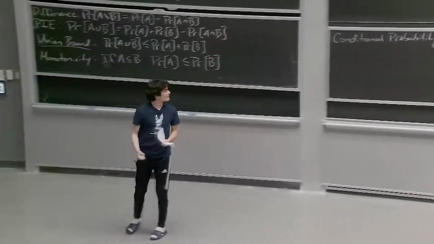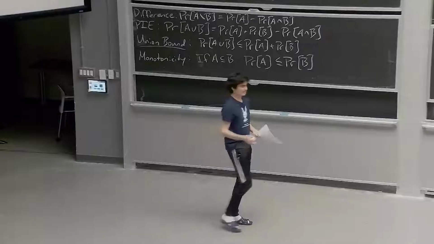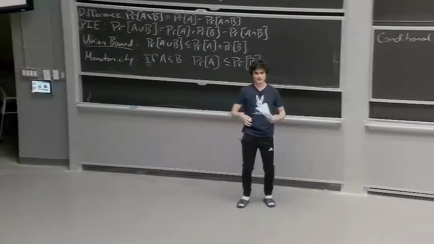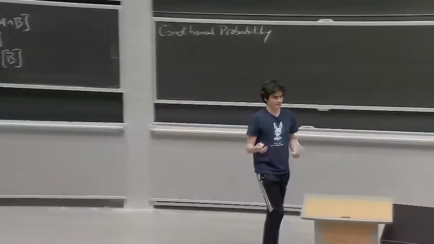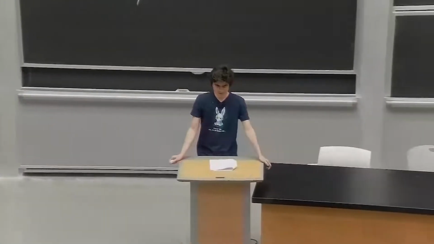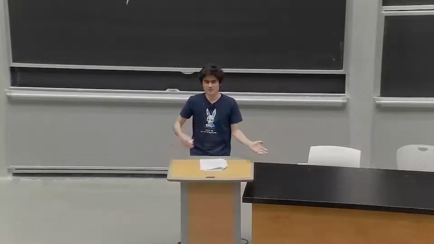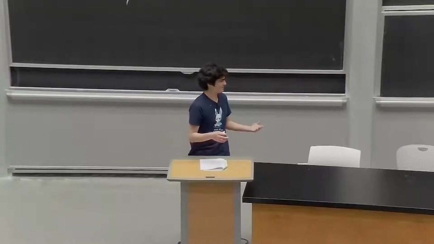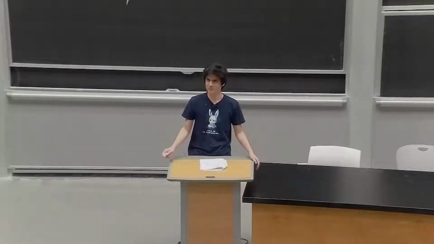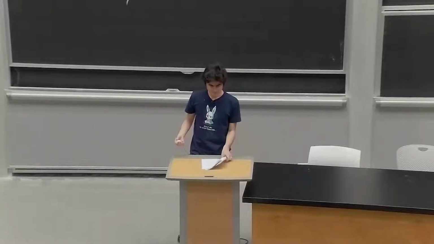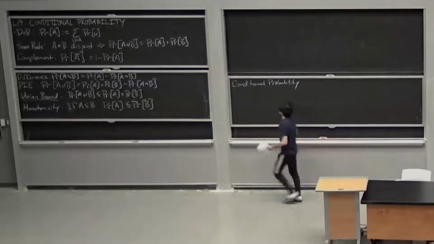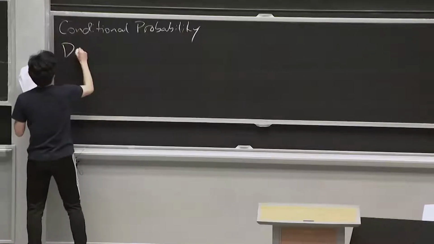If you recall on Tuesday when we were talking about the Monty Hall problem, when we were drawing a tree diagram, we were making statements such as, if the car is behind door 1, what's the probability that we pick door 2? Or I guess it was purple, gold, and silver. So how do we express this mathematically? That's where conditional probability comes in.